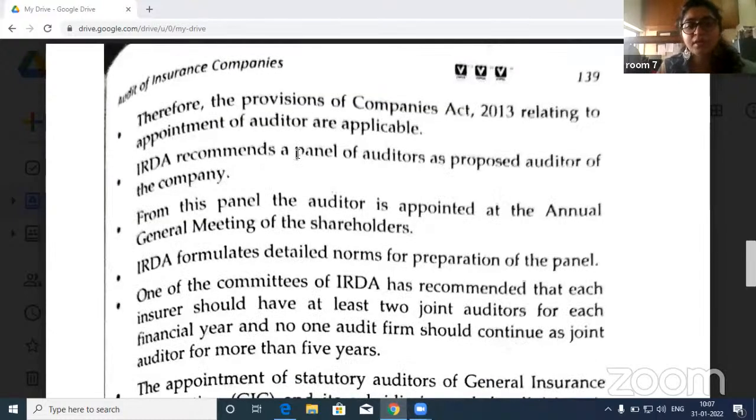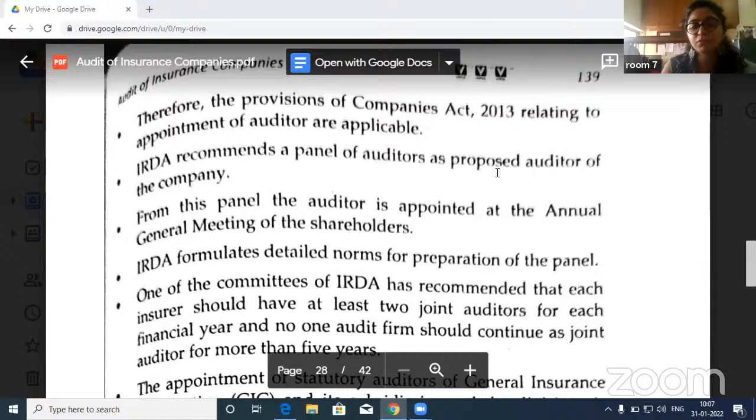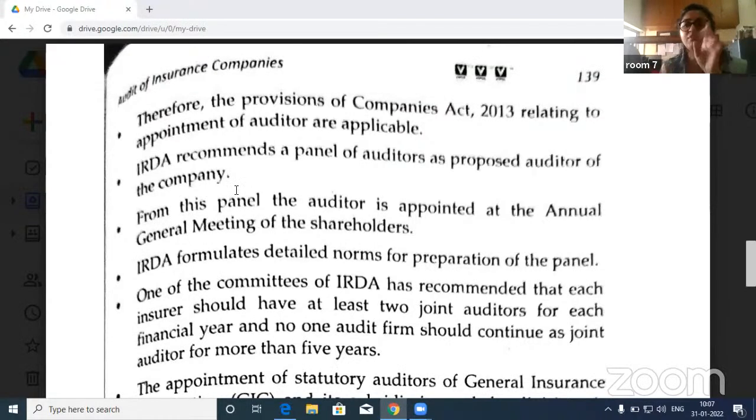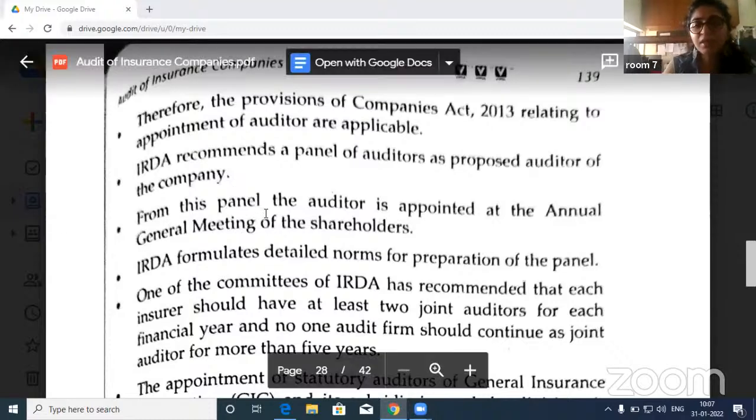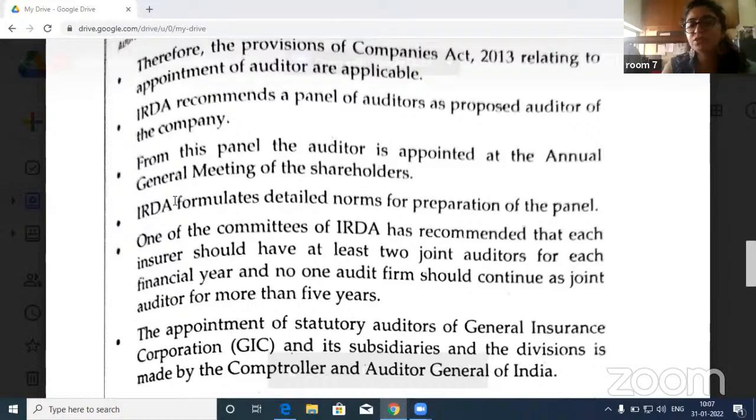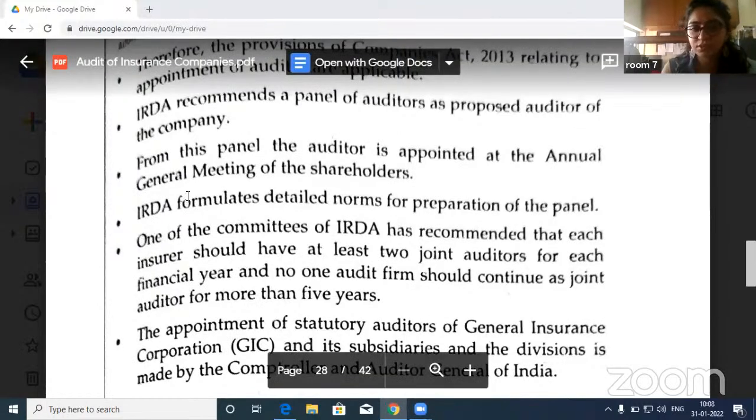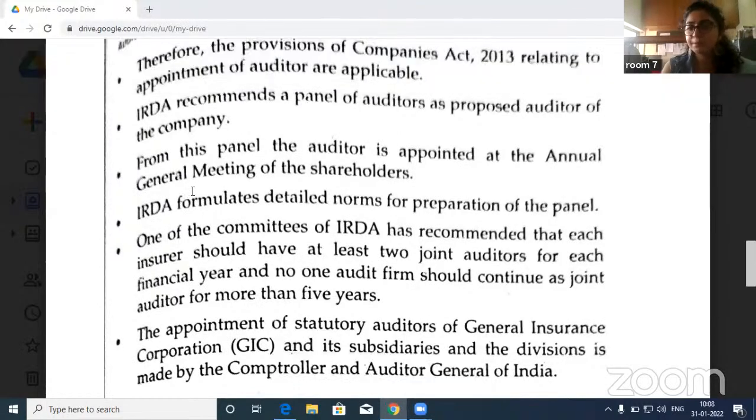Okay. IRDA recommends a panel of auditors as proposed auditors of the company. So you can have a group of auditors and then one can be selected from them. From the panel, the auditor is appointed at the annual general meeting by shareholders. That means there will be an AGM. AGM is annual general meeting.